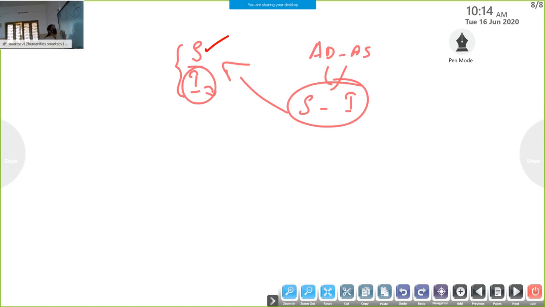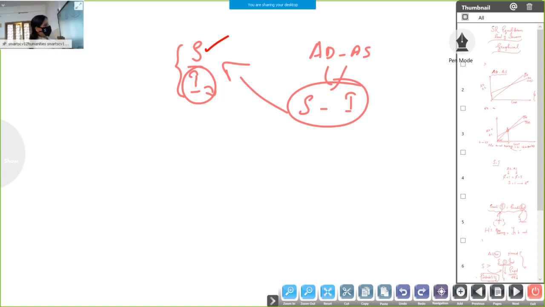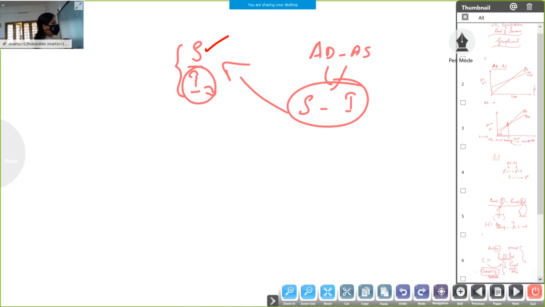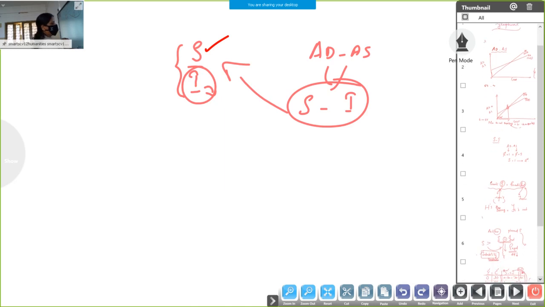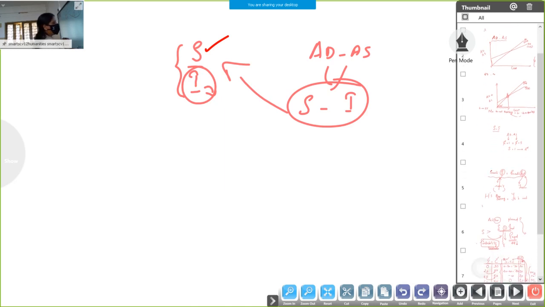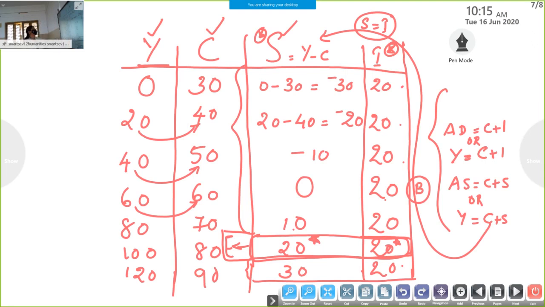After that we can explain this level of equilibrium by using a schedule. Your wish you can prepare a schedule, but be careful. The rate at which income increases should be greater than the rate at which consumption increases. Then from there you can find out saving.